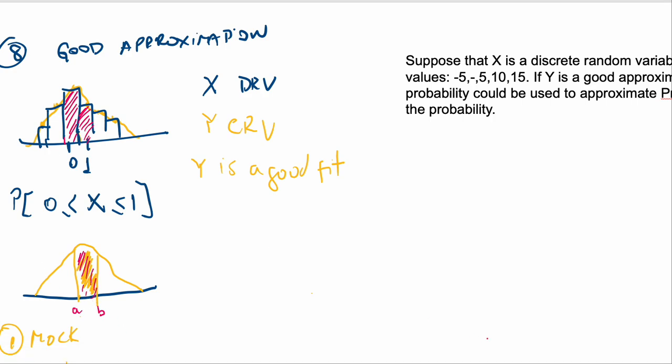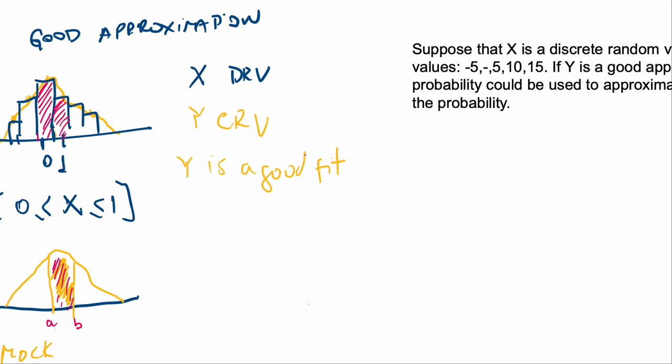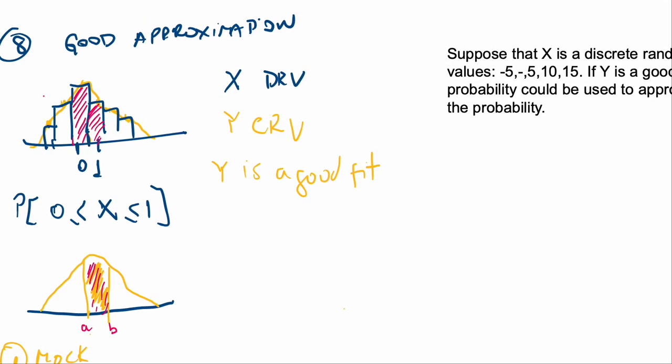Okay? So in this case, you wouldn't select 0, 1 because they are in the middle of the bins. You would select from here to here, right?